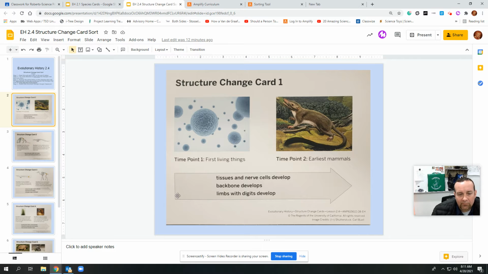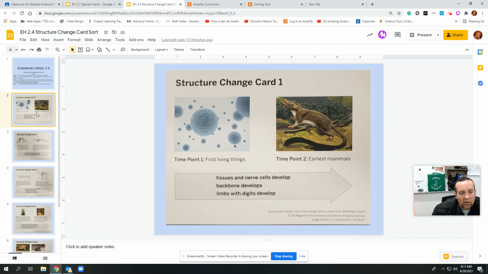For card 1, you'll notice this is an entirely different kind of change, and it's a lot more significant. So we're going from the first living things, these single cell organisms, all the way to the earliest mammals. And these are the changes that happen. Tissues and nerve cells develop, backbone develops, and limbs with digits develop.